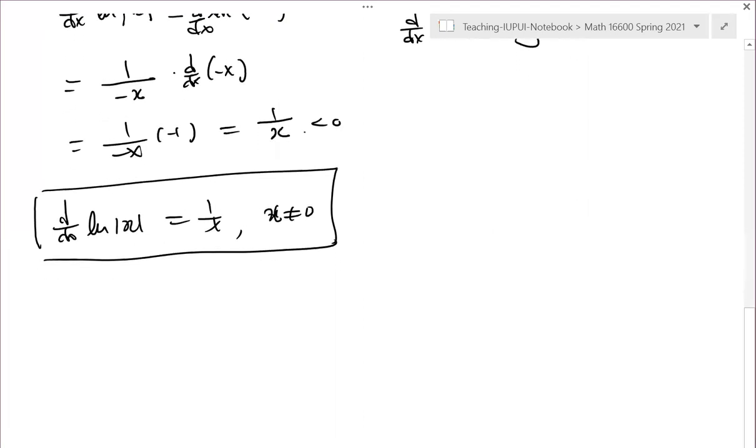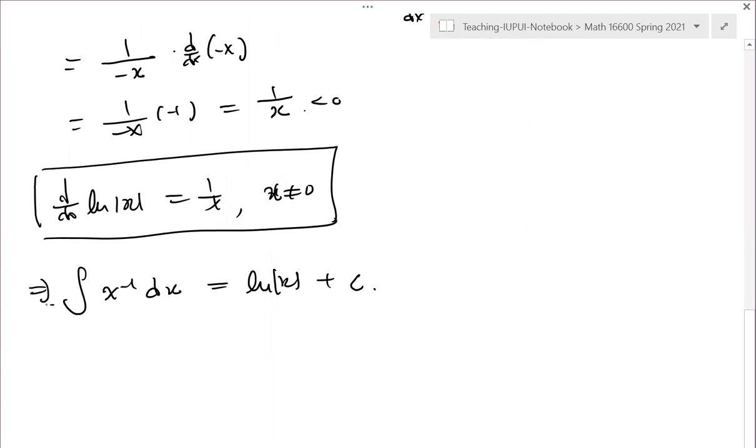So this also tells you that the antiderivative of x to the negative 1 is nothing but natural log of absolute value of x plus a constant, by the above formula.